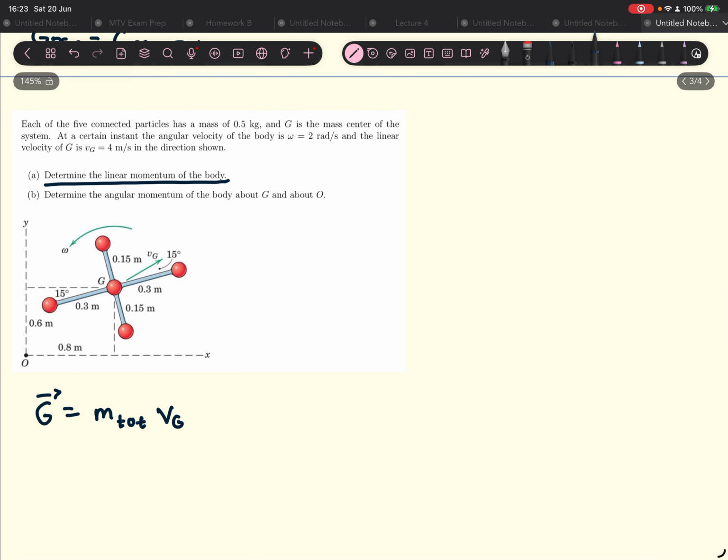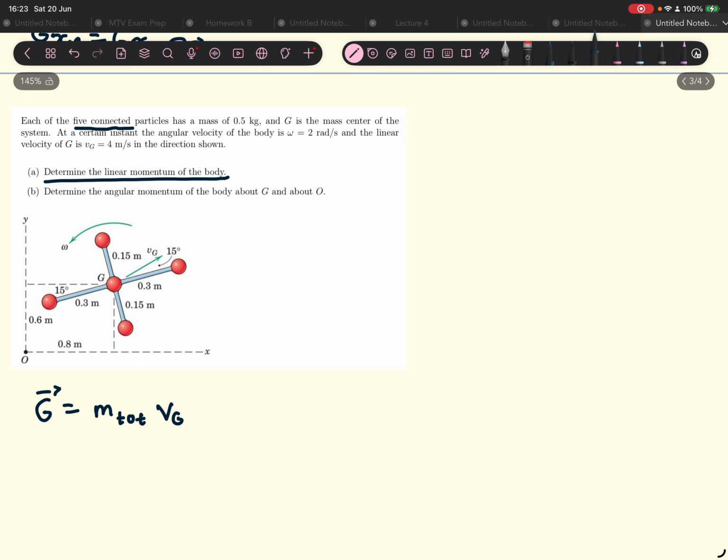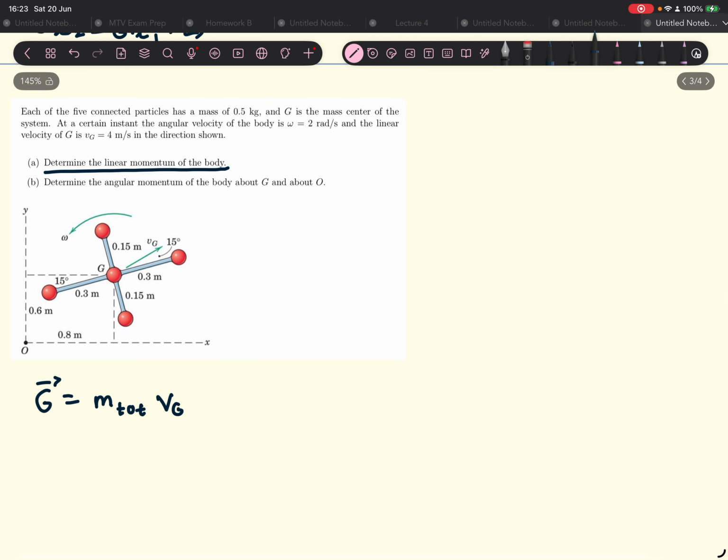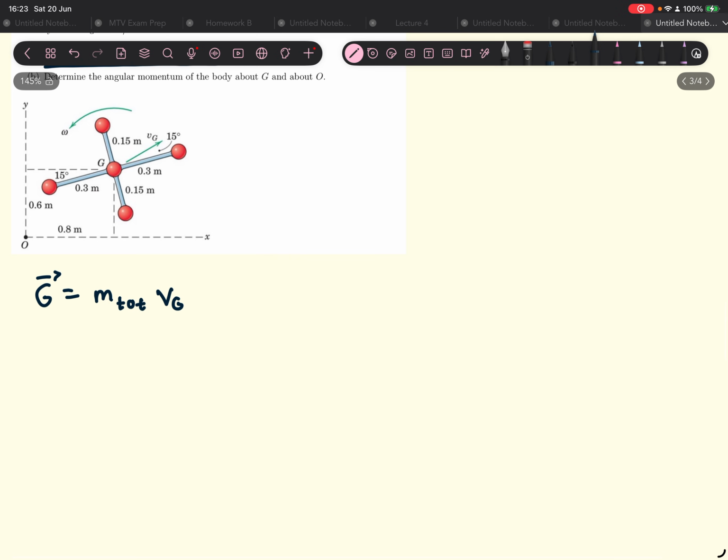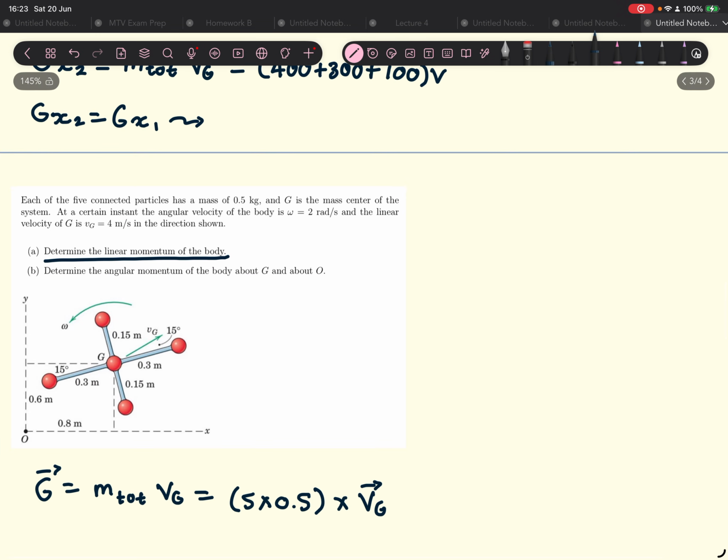And we're told that it has 5 particles and each particle has a mass of 0.5 kgs. So you basically just use this equation. You're going to say 5 times 0.5 times whatever Vg is, and they give you the magnitude of Vg.